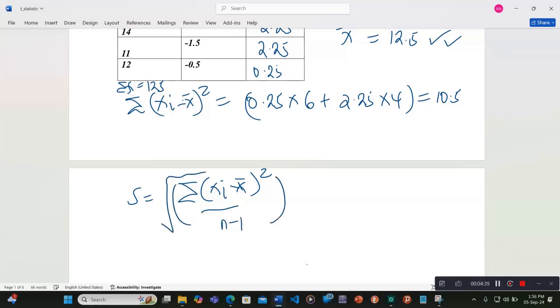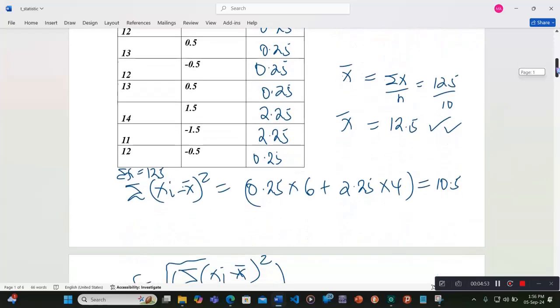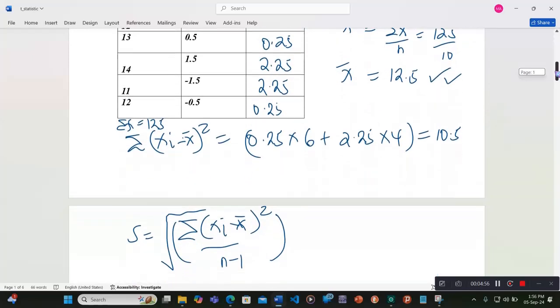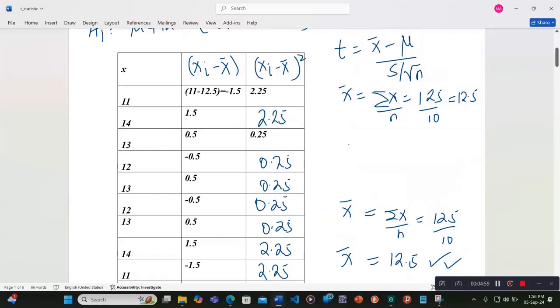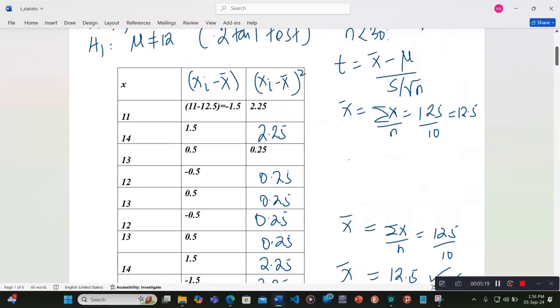So we have to first look for the sum of the squared differences, and after getting that, we can divide it by n minus 1. So what is xi minus x bar? I will get x minus the sample mean, which is 12.5: 14 minus 12.5, 13 minus 12.5, up to the last value, 12 minus 12.5. So what we get here is that value.